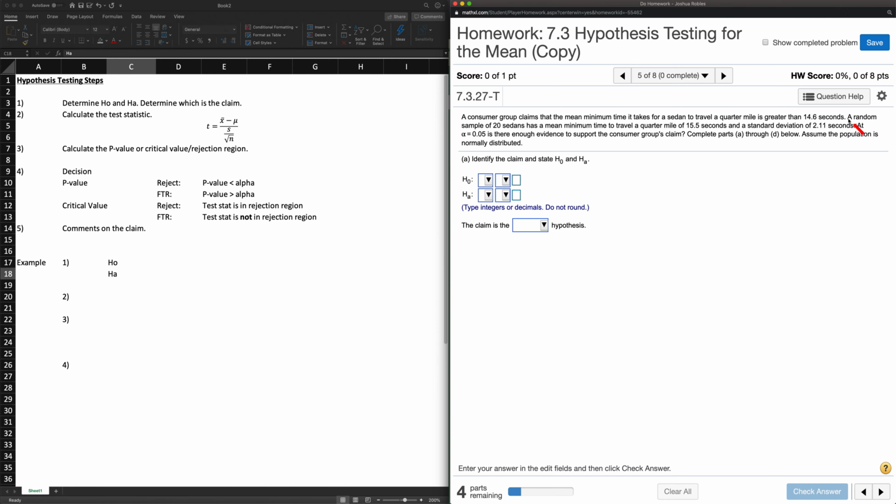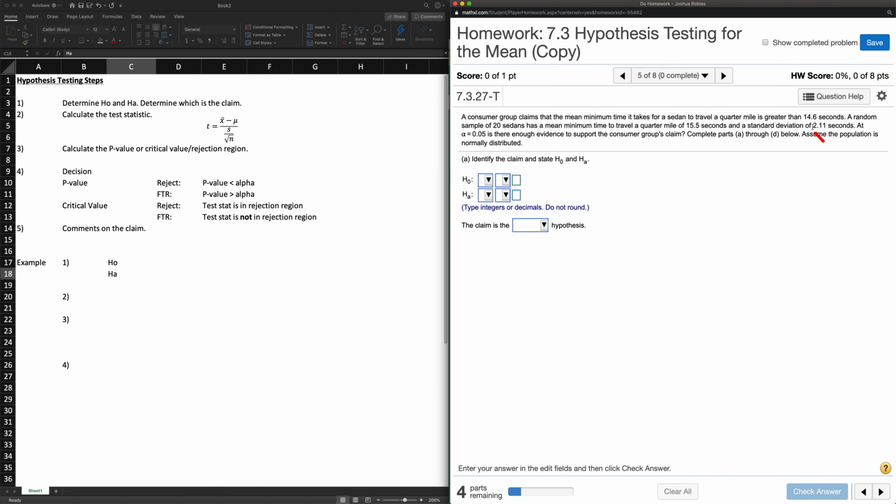All right, we conduct a sample. So a random sample of 20 sedans has a mean minimum time of 15.5 seconds and a standard deviation of 2.11 seconds. So the mean is a little higher than the 14.6, so it might be that the average time is going to be greater than 14.6, but we'll have to see with this size standard deviation and this sample.